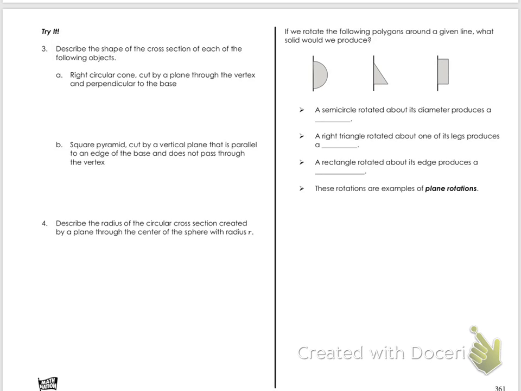Won't those hemispheres have the same radius as the original sphere? Sure. And won't the cross section just be like the side of the hemisphere that was cut? Yes, it will. And that will end up giving us a circle that has the same radius as the sphere.